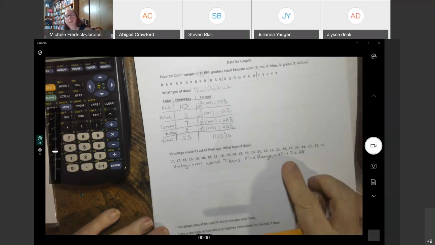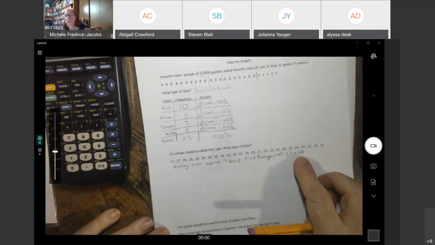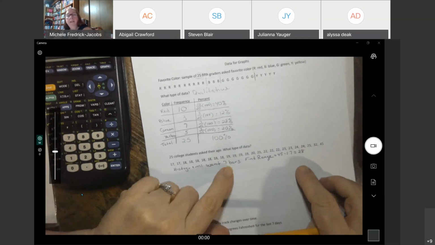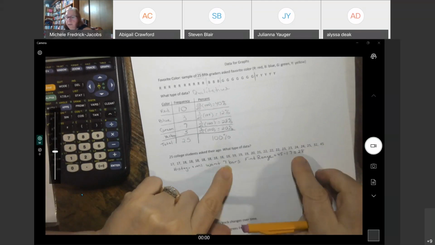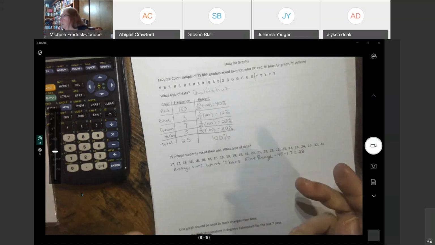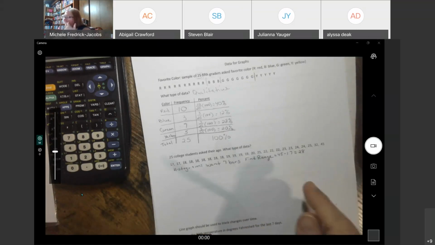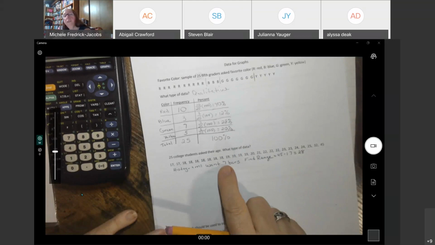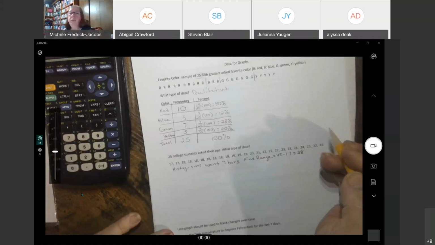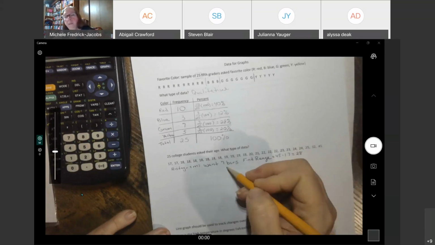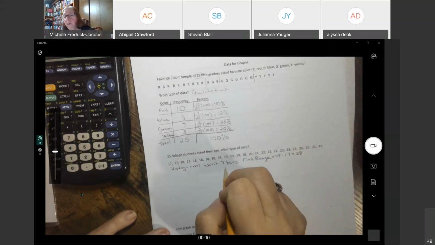So if you wanted, you could find the range first, which is what I did, and then find a number that divides into it. If you're doing one in a class and they tell you it has to have that many bars, and you have a decimal, round up. So when you go to divide by the number of bars you want, if it's not a whole number, round up.